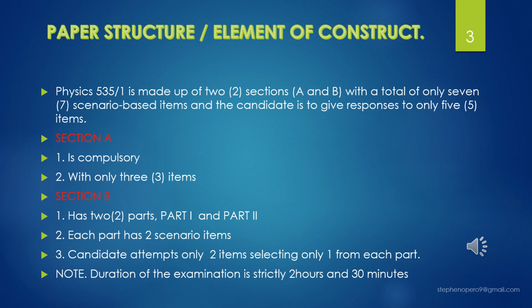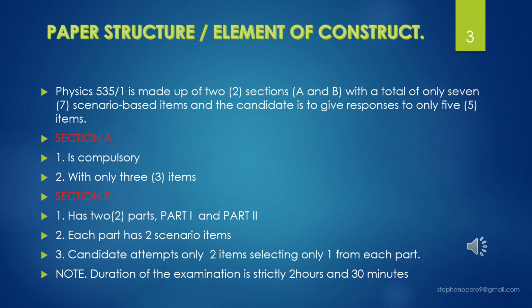Section B has 2 parts, part 1 and part 2, and each part has 2 scenario-based items. A candidate is expected to attempt only 2 items, selecting 1 item from each part.